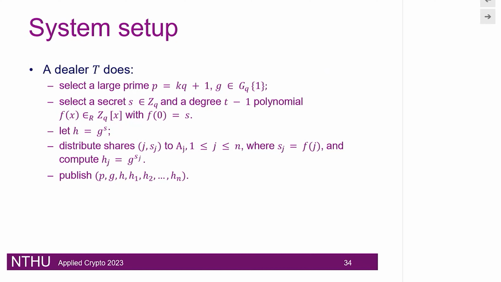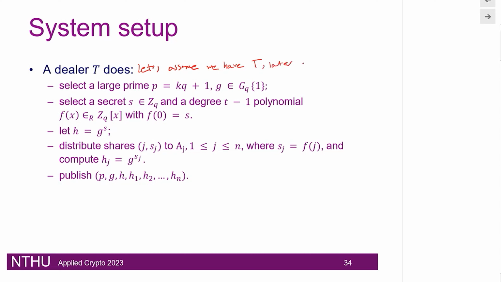So again, we are talking about a trusted sender T. We have the dealer T that we still need to set up the system, find a prime, and set up this function. But later I will show you how we can get rid of this trusted sender T, and collaboratively create this thing. So for now, let's assume we have T to set up the system for us.